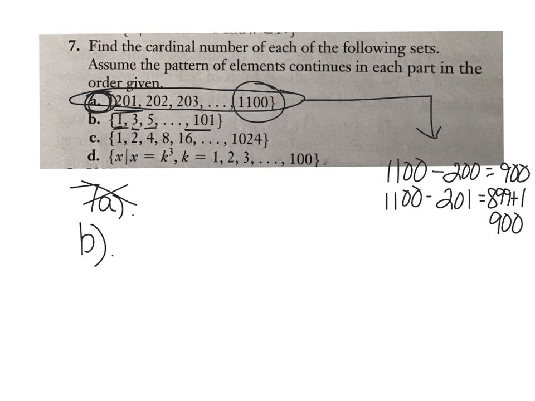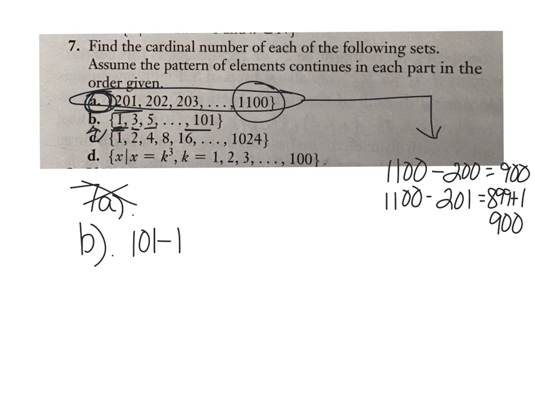is 101. So I've got 101, and one of the methods that I can use to figure this out is to subtract the term ahead of it. Well, the term ahead of 1 is not 0. It's actually -1.